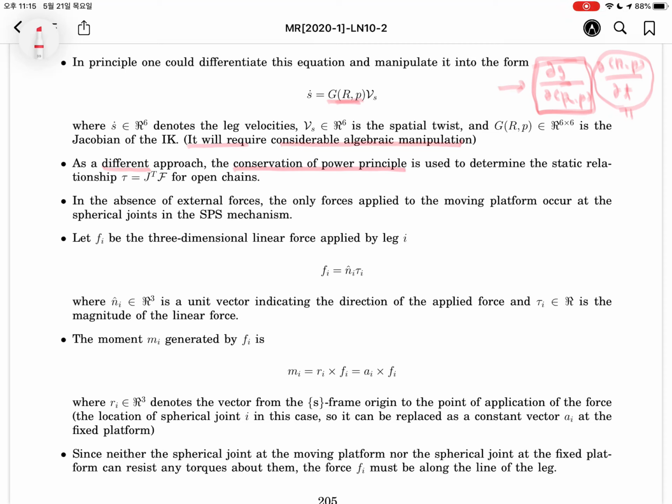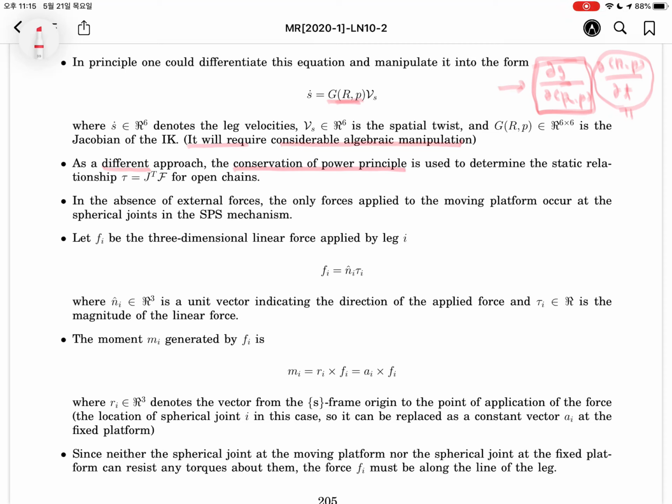So this is the moving platform, and the fixed platform here. For the leg, if you don't have any external moment, you can apply only the linear force. The linear force will be denoted by F. So Fi is the three-dimensional linear force.